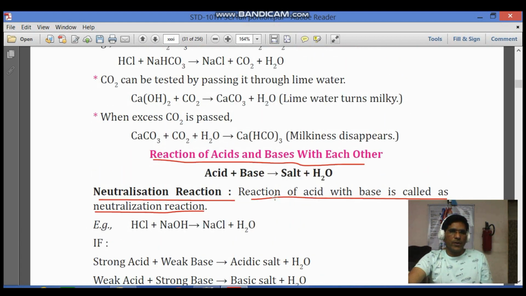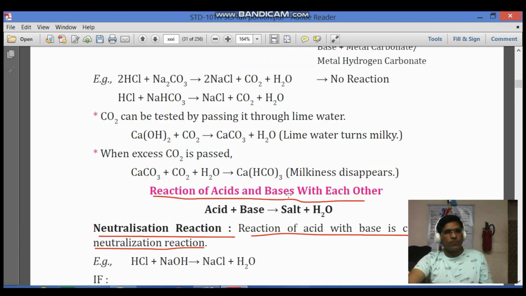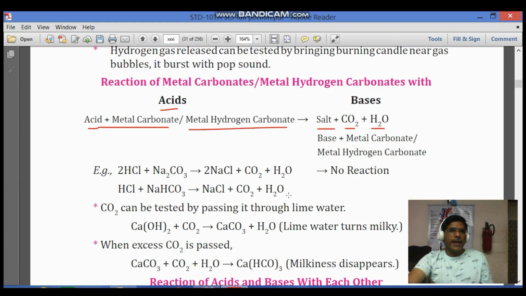So today's topic was related to the acid base reaction, salt and water, and the reaction of acid with metal carbonate and metal hydrogen carbonate. With base there is no reaction. When metal carbonate reacts with acid, it liberates carbon dioxide.